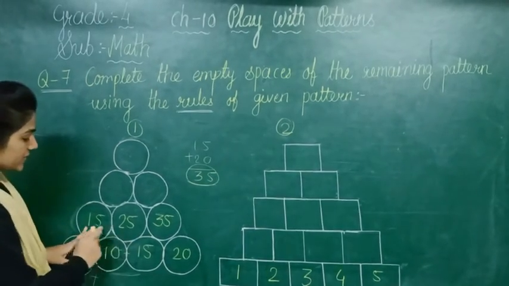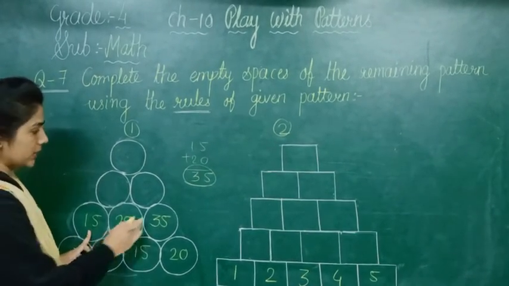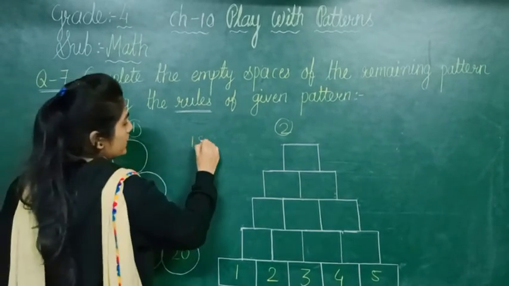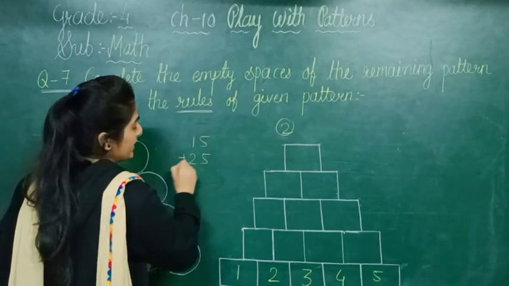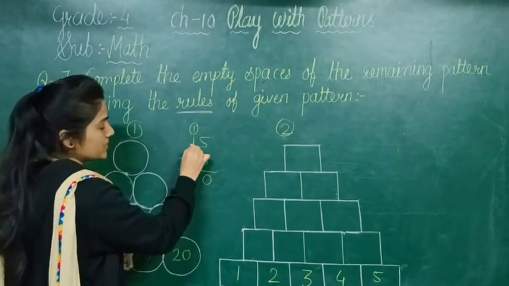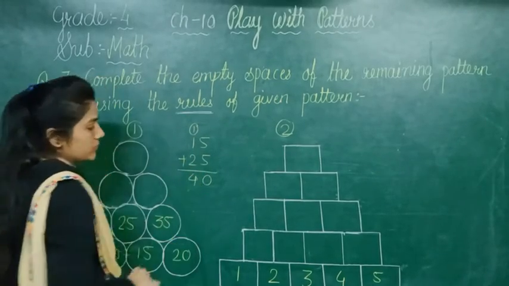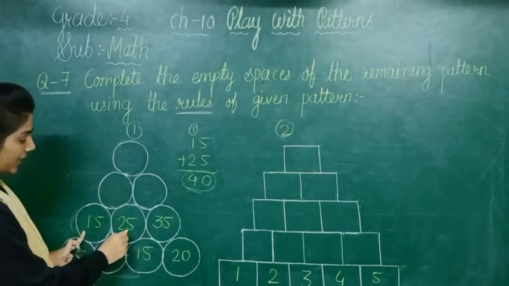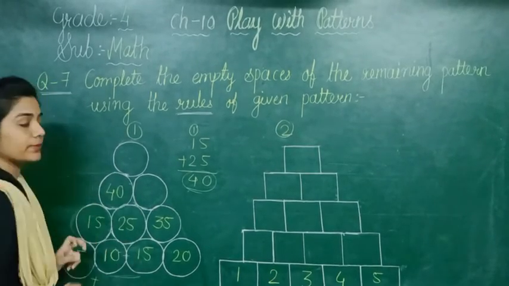Now these two first numbers we are taking, 15 plus 25. 5 plus 5, 10, 1 carry, 2 plus 1, 3 plus 1, 4. So the addition of 15 plus 25 is 40.